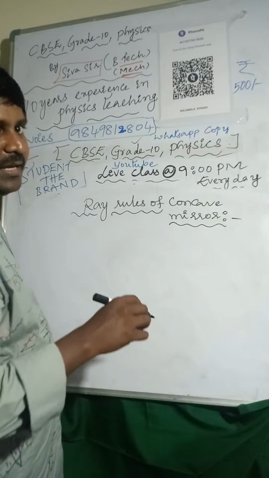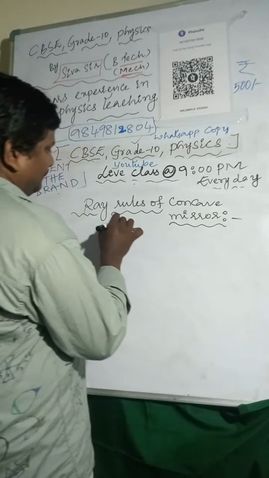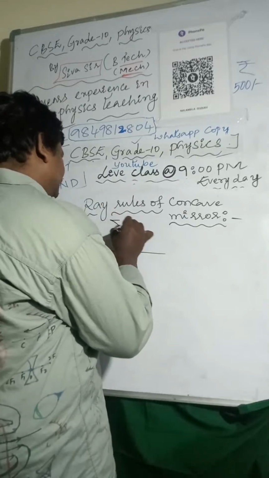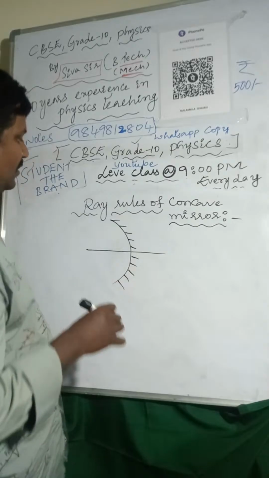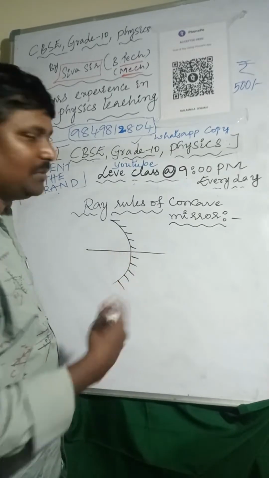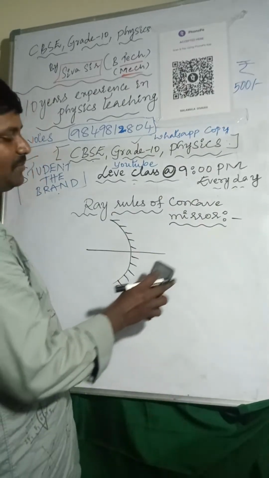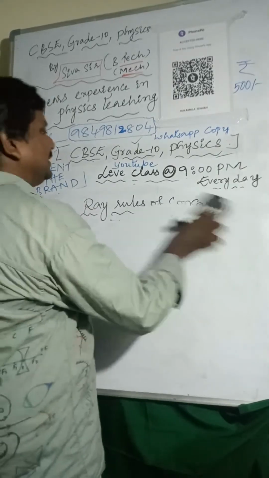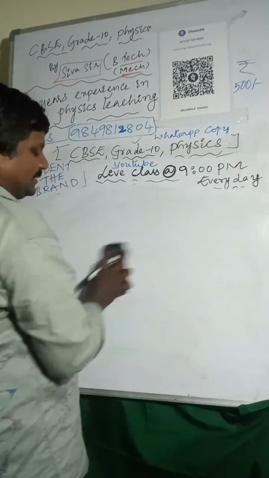But we didn't discuss terms related to spherical mirror, right? So I'll discuss terms related to spherical mirror, then I'll come to the ray rules.